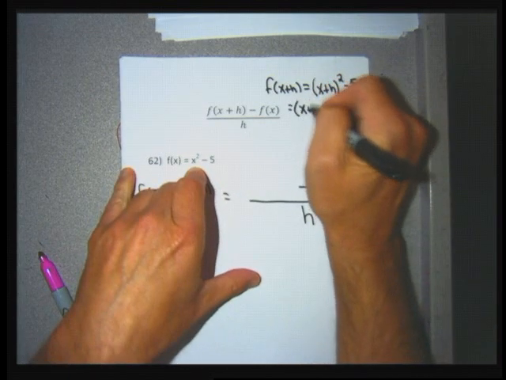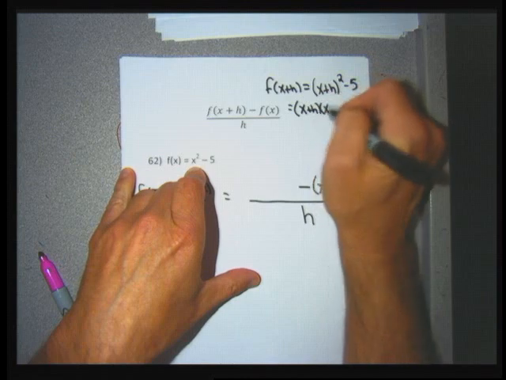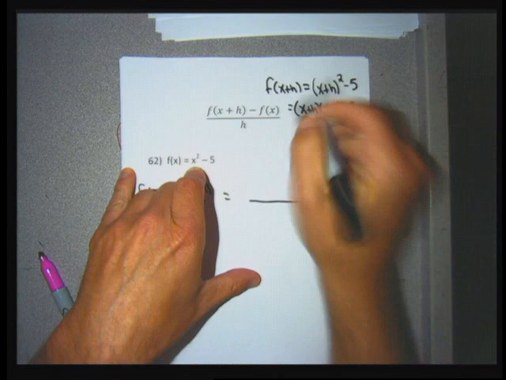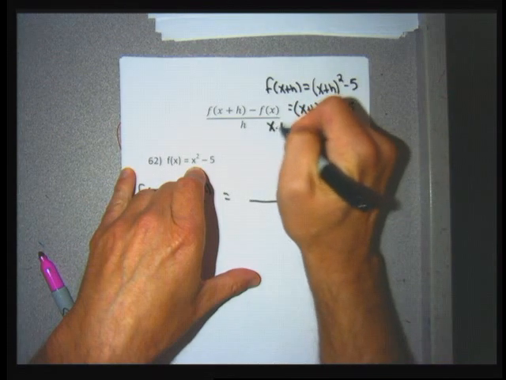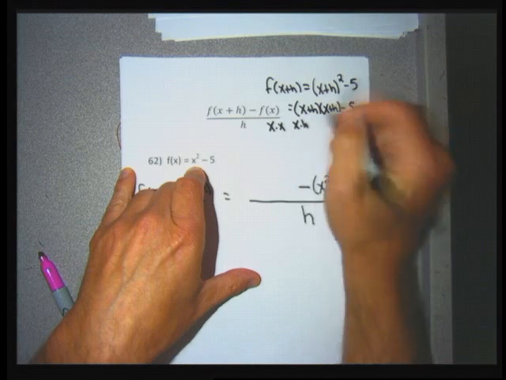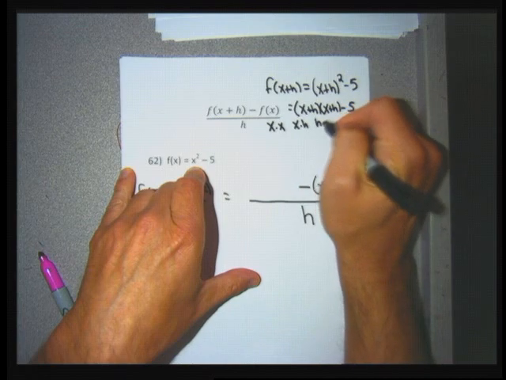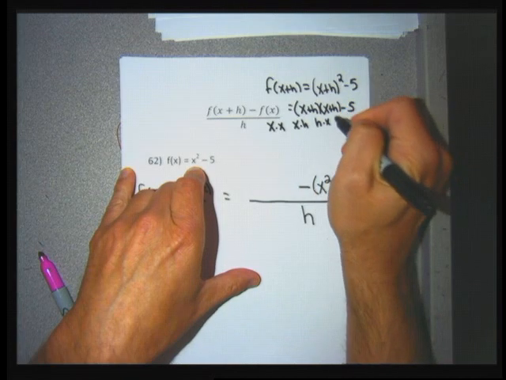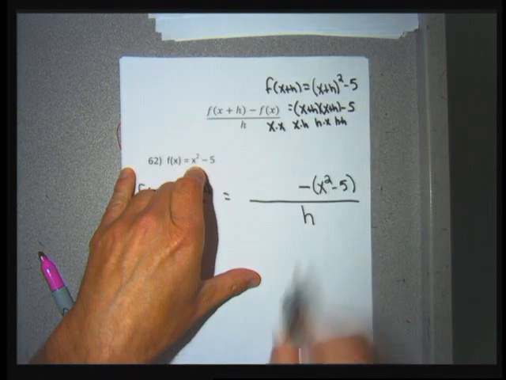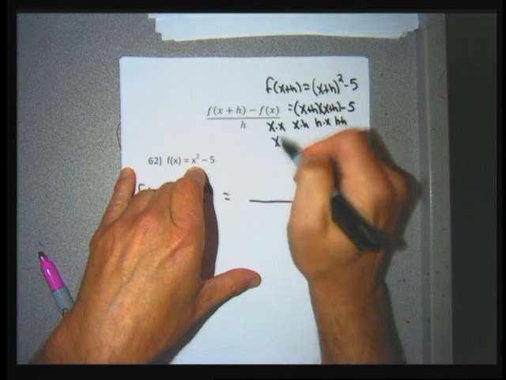X plus h squared is x plus h times x plus h. Squaring means to multiply by itself. That's a foiling. The foiling is x times x for the firsts, x times h for the outers, h times x for the inners, h times h for the lasts. So the foiling part of the f of x plus h gives me x squared.